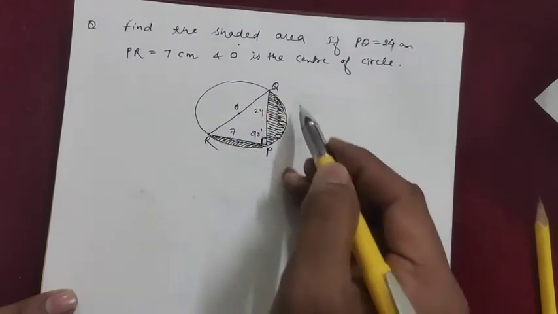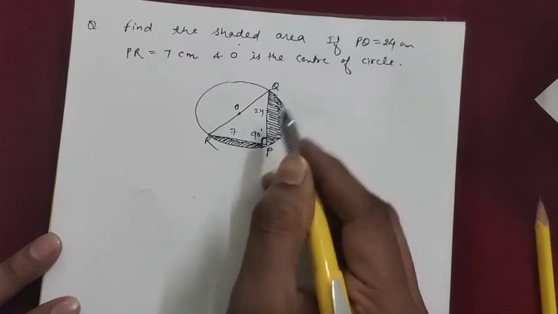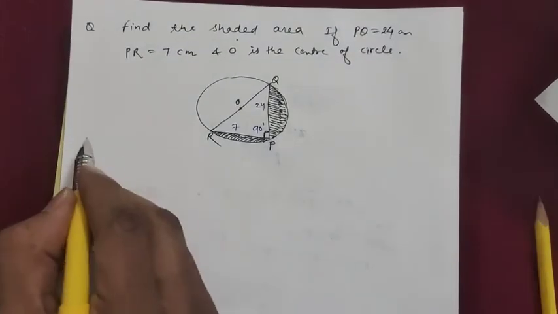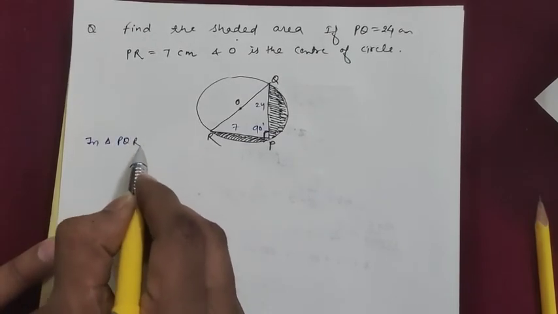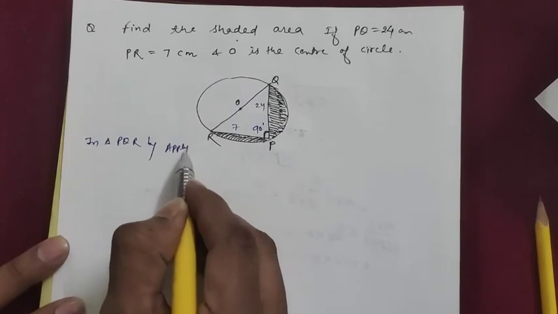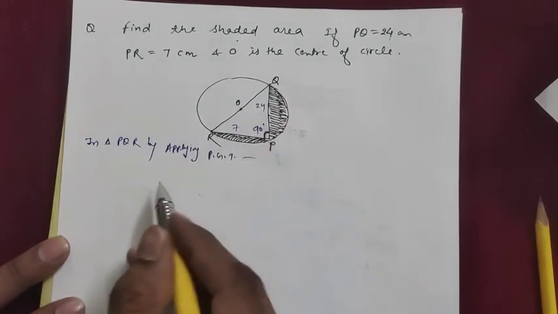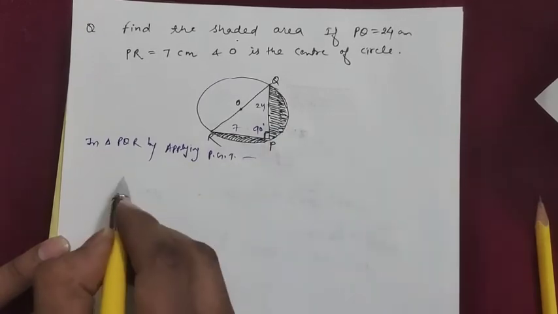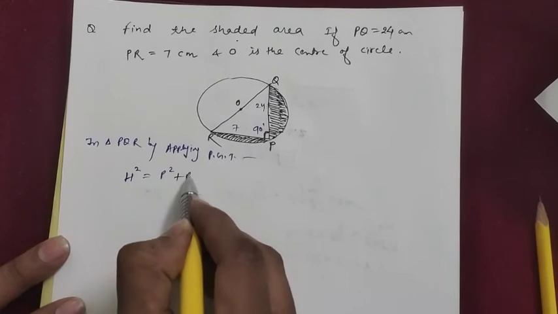So if we apply the Pythagoras theorem, since it is a right angle triangle, let's see what happens. So in triangle PQR, by applying Pythagoras theorem. So Pythagoras theorem states that hypotenuse square is equal to perpendicular square plus base square.